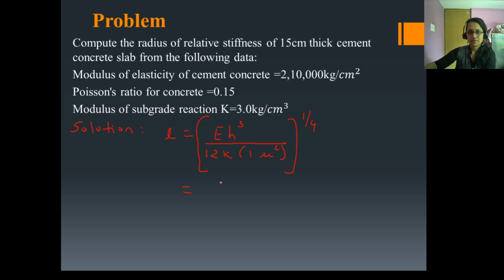So this will be 2.1 times 10 to the power 5 into H, which is given as 15, so into 15 cube, upon 12 into 3, into (1 minus 0.15 square), the whole raised to 1 by 4.